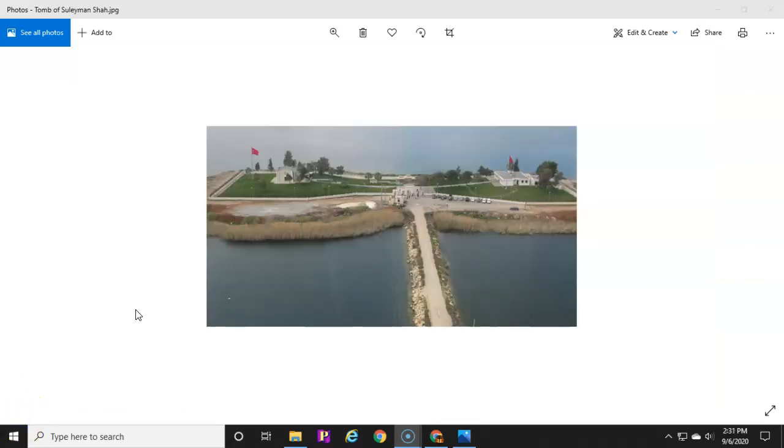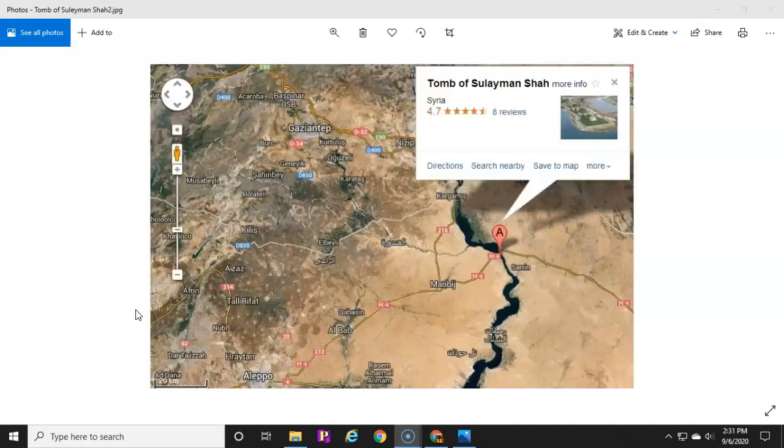I believe that once Iran and the Kurds are destroyed, he will gain his Ottoman crown at what I call the tomb of Suleiman Shah. The tomb of Suleiman Shah is located in the northern part of Syria. This is a Turkish-owned tomb in Syria. It has been moved multiple times. It's a center point in Syria.